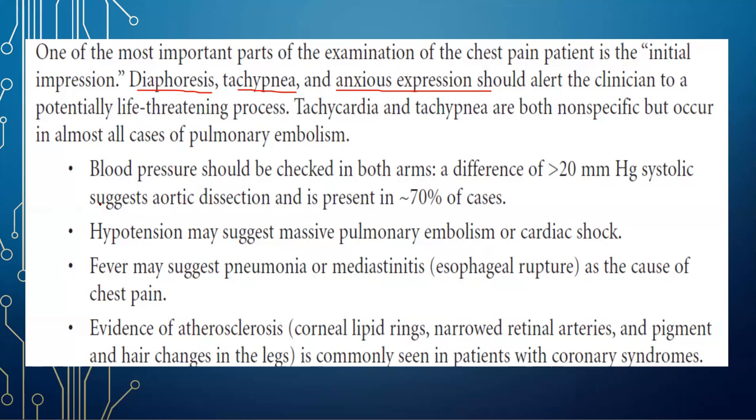Let's say that systolic blood pressure in the left arm is 140, in the right arm it's 120. So when there is a difference of 10 millimeter mercury or more in systolic blood pressure in both arms, that's one of the characteristic findings of aortic dissection. So always think about aortic dissection if there is something like that in the exam.